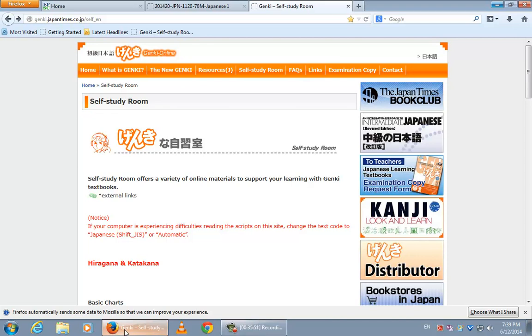That was one structure. Now we have a structure where we've got A wa, and then a time with ni, unless it's a time word that doesn't require ni, right? And this could be a time with ni or a frequency adverb, right? Which would not take ni.